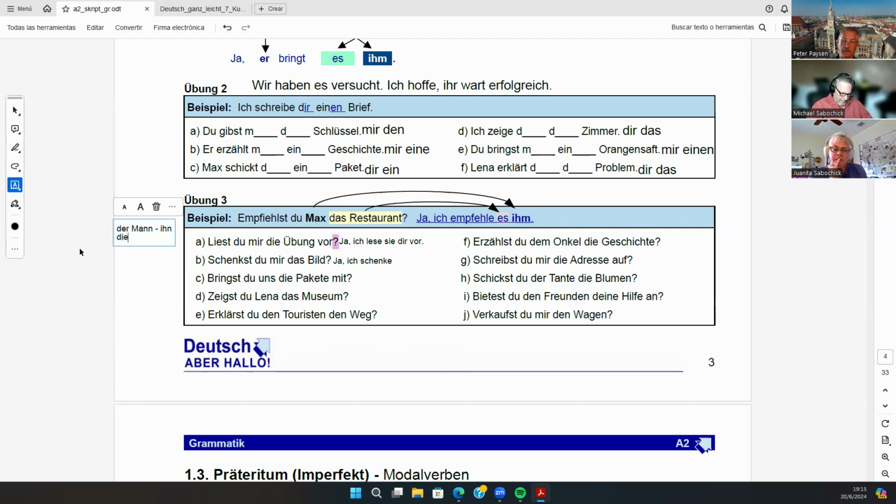Die Frau, ja, ich schenke sie dir. Bei das Bild, ja, ich schenke es dir. Die Frage ist, schenkst du mir das Bild?